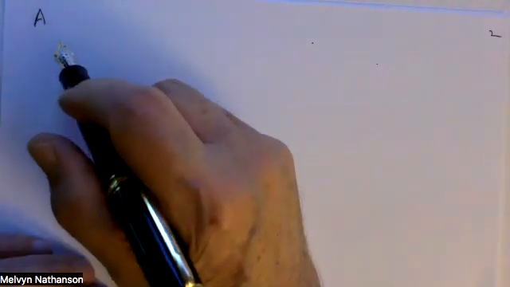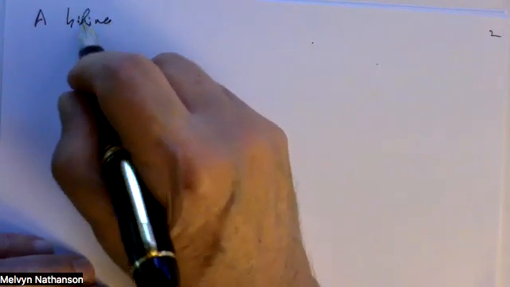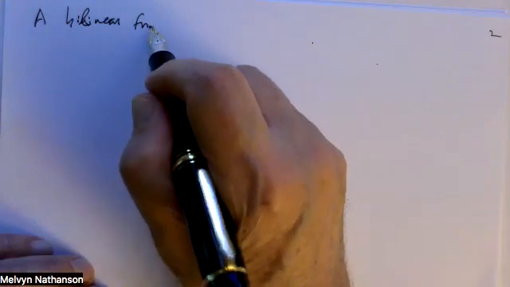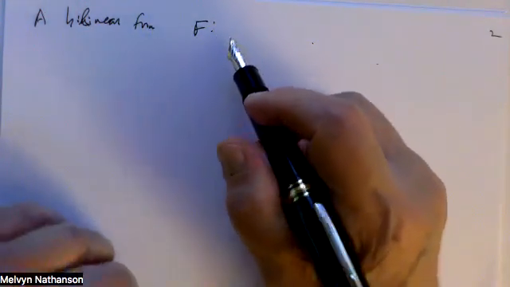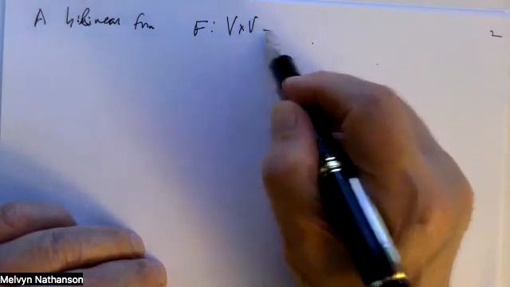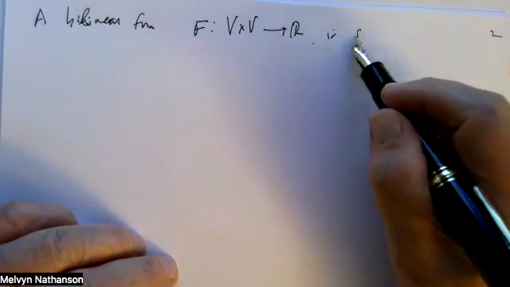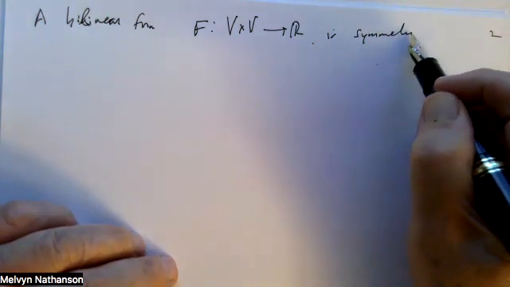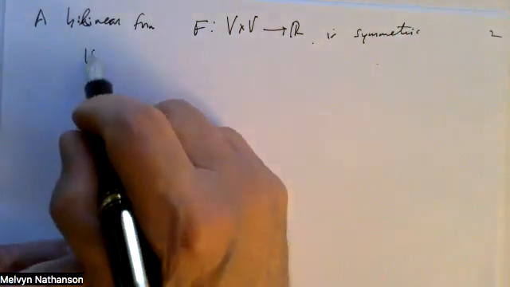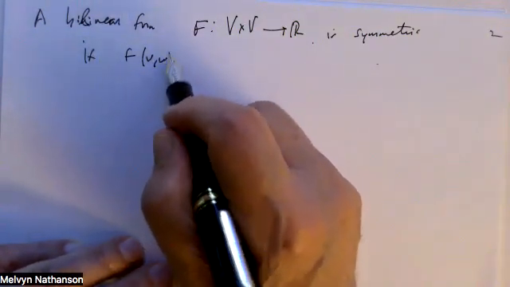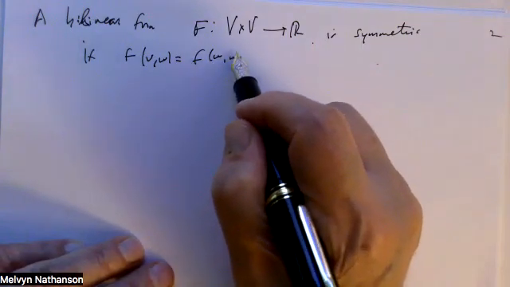We say that a bilinear form F from a vector space times itself to R is called symmetric if f of (v, w) equals f of (w, v).